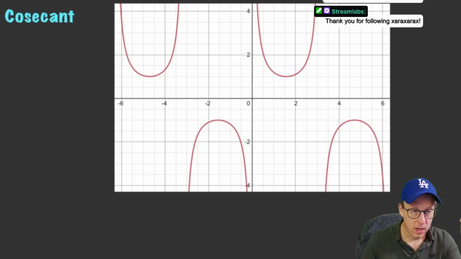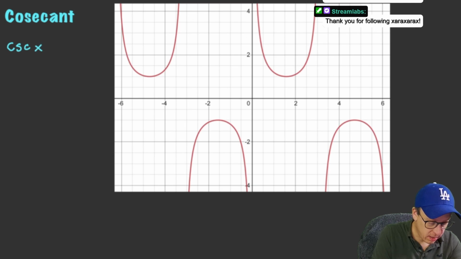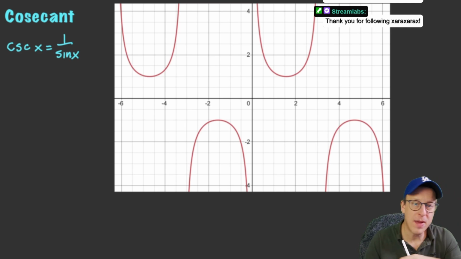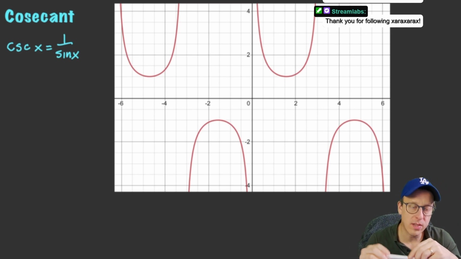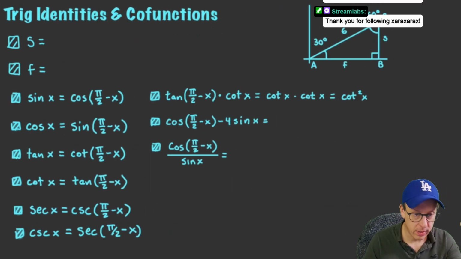All right, cosecant. We're almost done with these. The cosecant of x is going to be equal to 1 over the sine of x, and the domain is going to be all real numbers such that our angle is not equal to some value k times pi, where k is an integer. All right, just like previously.